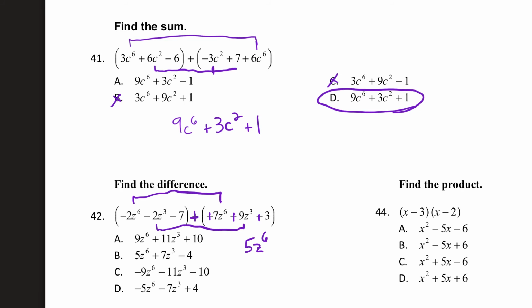They're like terms. So 9 minus 2 is 7. And finally, we have a negative 7 and a positive 3. Well, the negative is going to win in this case. Negative 7 is bigger than the 3, so our answer will be negative. It'll be negative 4. But you knew that because the other two numbers said it had to be B.